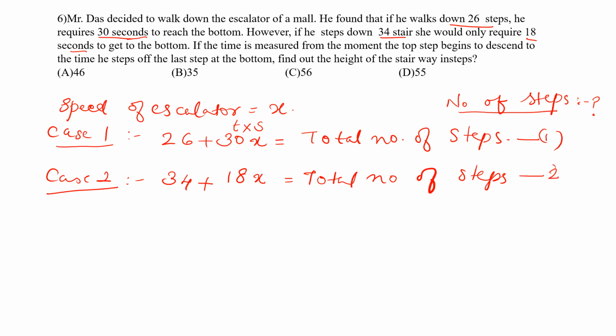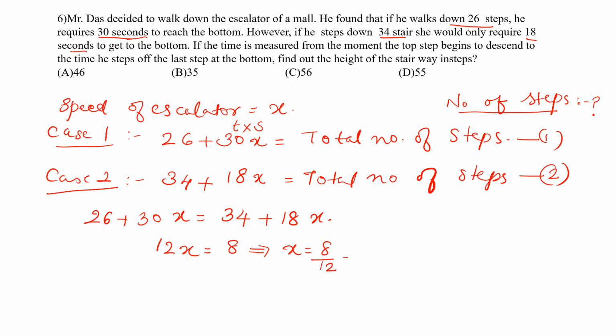Okay, these two are same, so we can equate the first equation and second equation, that is 26 plus 30x equal to 34 plus 18x. This is 30x minus 18x, that is 12x, equal to 34 minus 26, that is 8. x equal to 8 by 12 or 2 by 3.